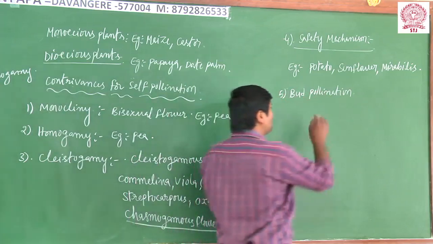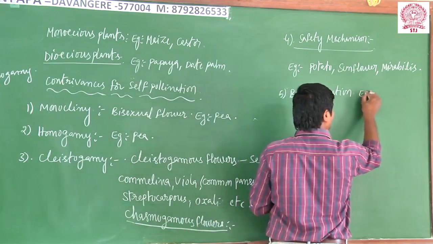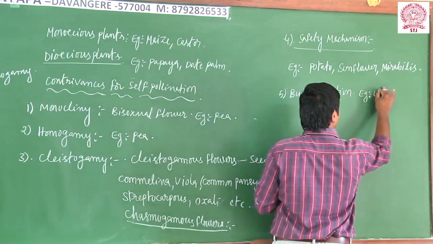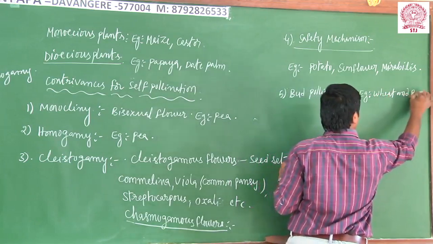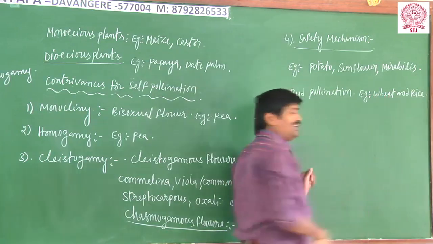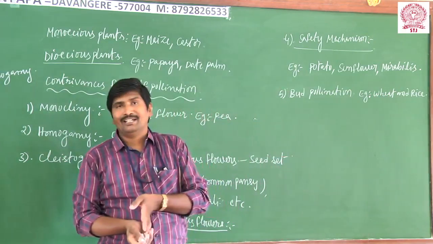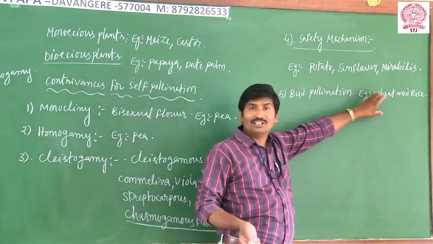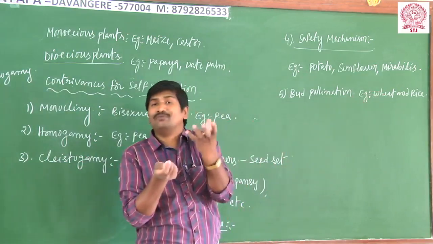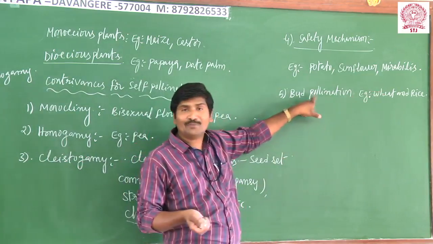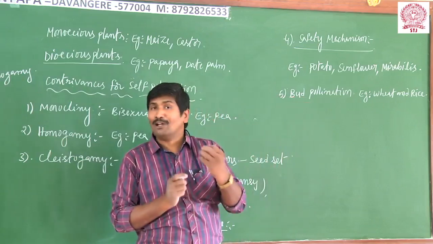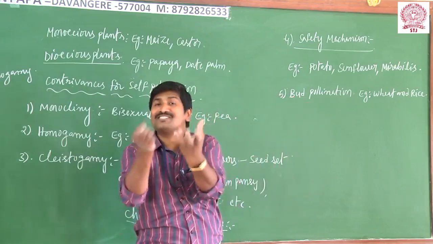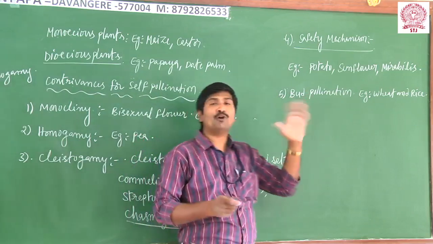The best examples for bud pollination: wheat and rice, or paddy. In these flowers, the pollination takes place before the opening of the flower. The pollination that occurs in bud stage is known as bud pollination.